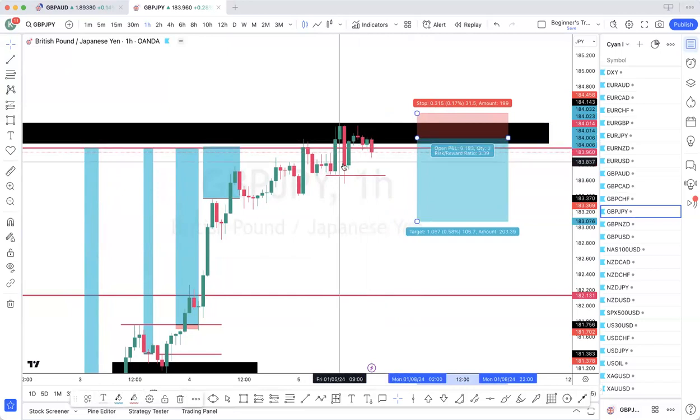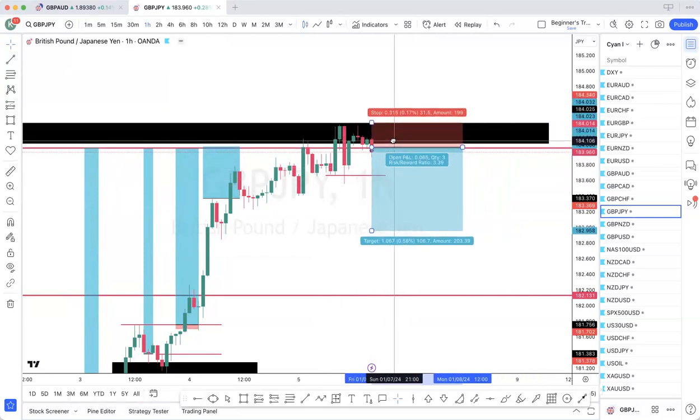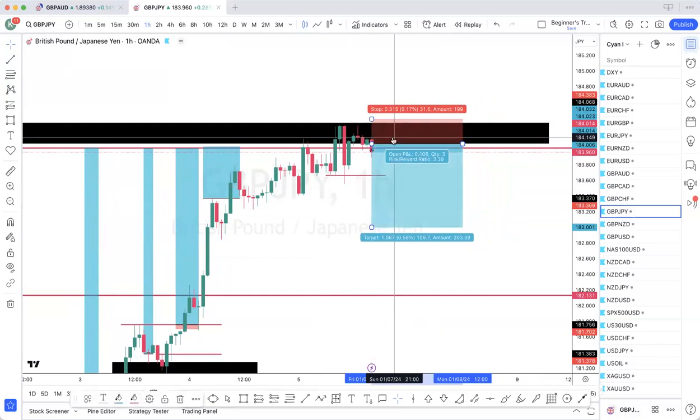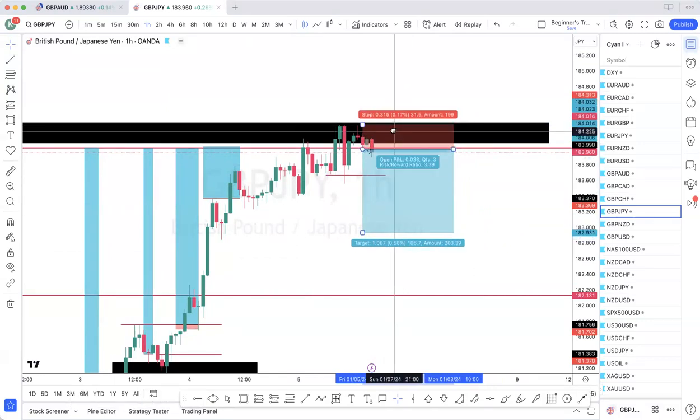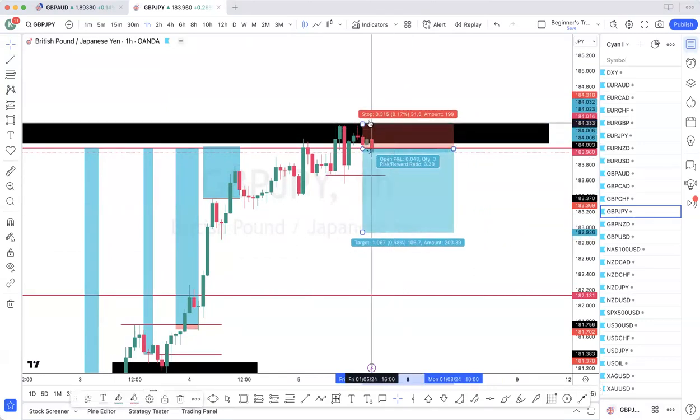I think this pullback broke structure and pulled all the way back, bro. That trade right there is not going to get any better. I get it, but sometimes I just don't see it. Sometimes people don't want to get paid like that. Who am I to try to get you your money like that?